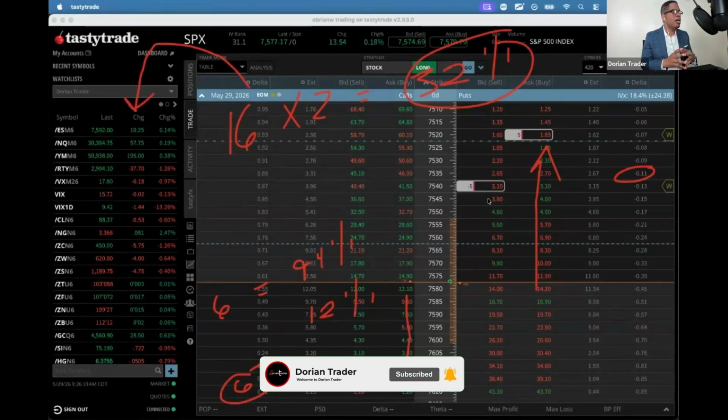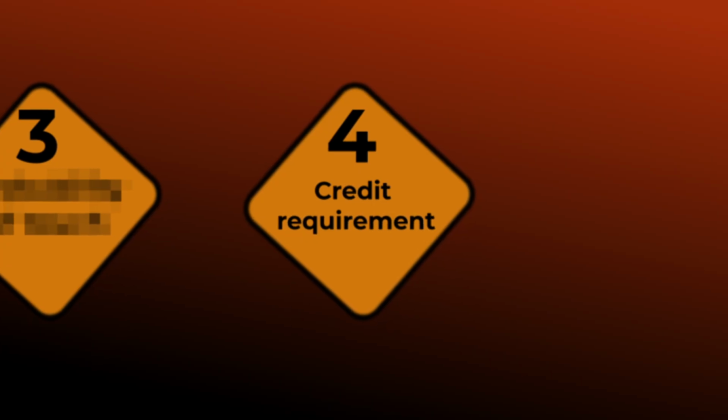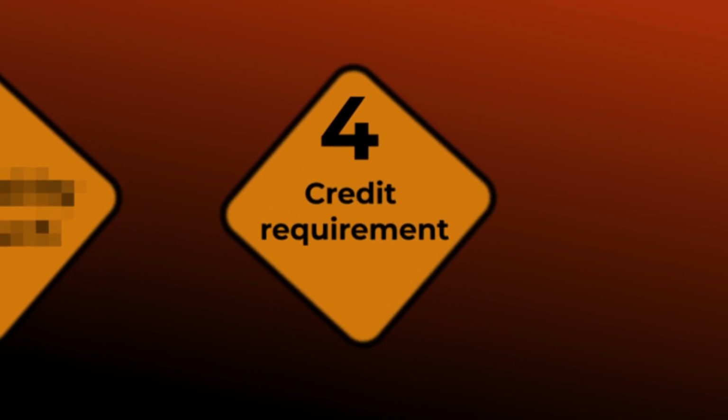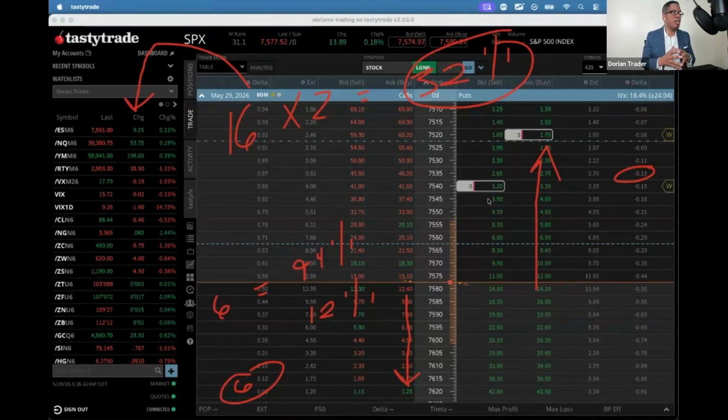Now, another thing you want to consider is the credit that you're receiving. What are your credit requirements? Here at Dorian Trader, we have a minimum amount that we would accept when we're doing a standard type of 0DTE trade. And we try to get that amount so that it can be easy for us to get out of the trade.